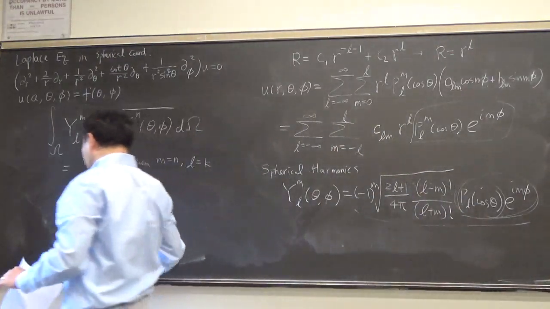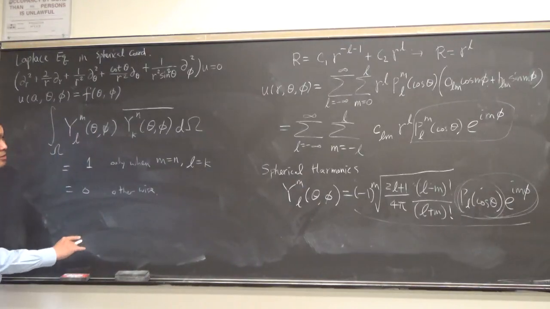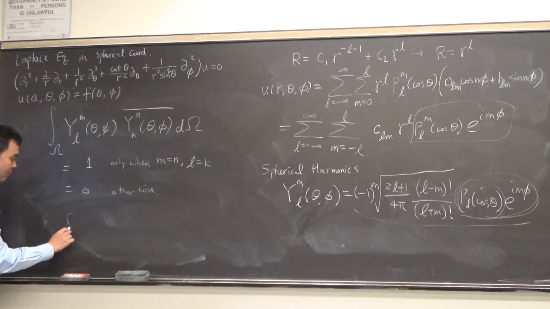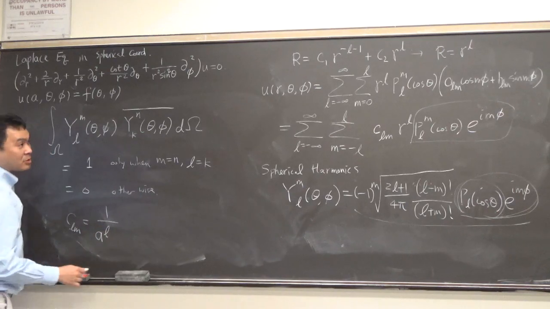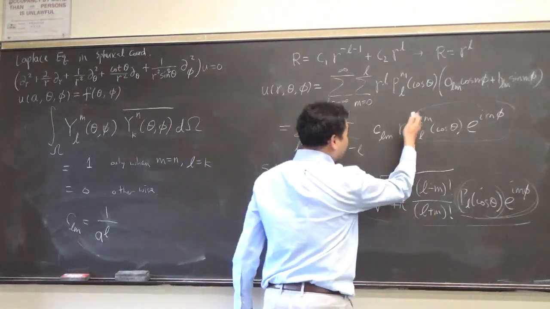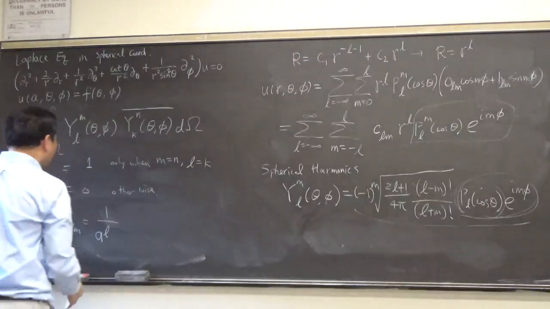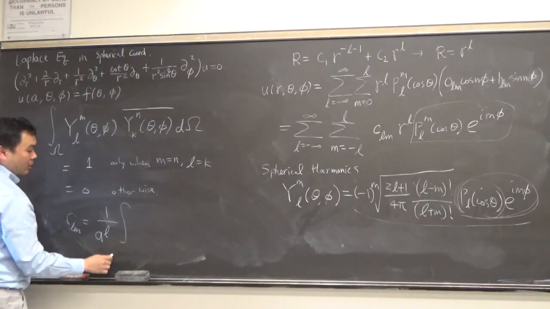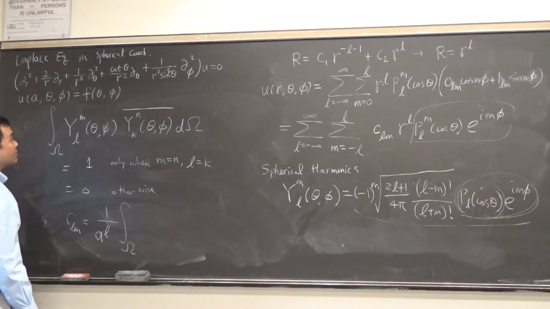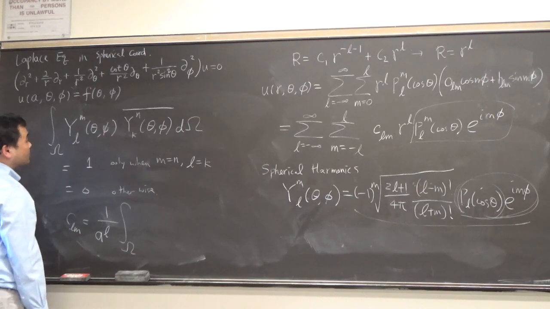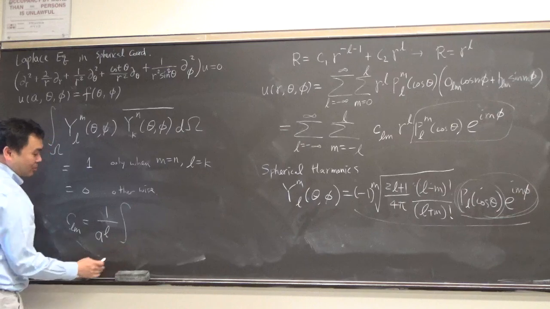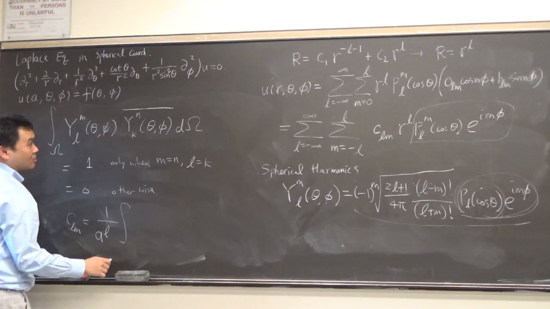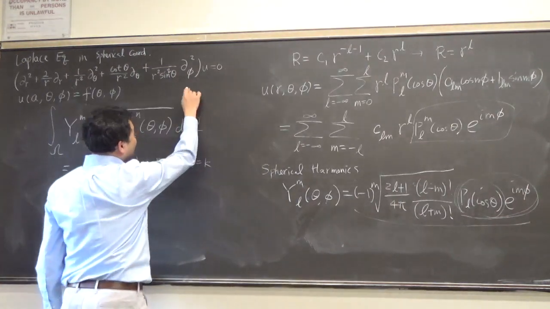So if you want, I can actually write down the formula for C_LM. C_LM will be 1 over a to the L, because when you plug in, a to the L has to be divided in order to get it. You integrate over the surface of the sphere of... well, I actually have to write this as a, so there's something.